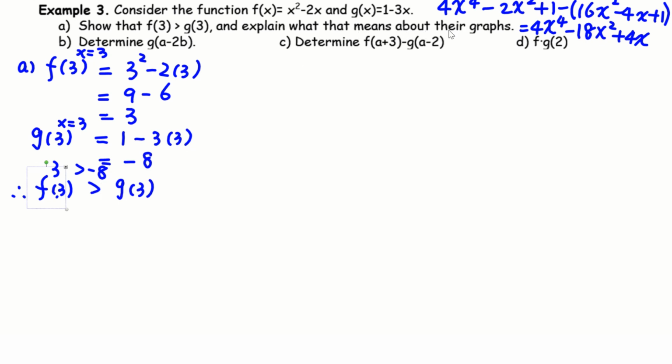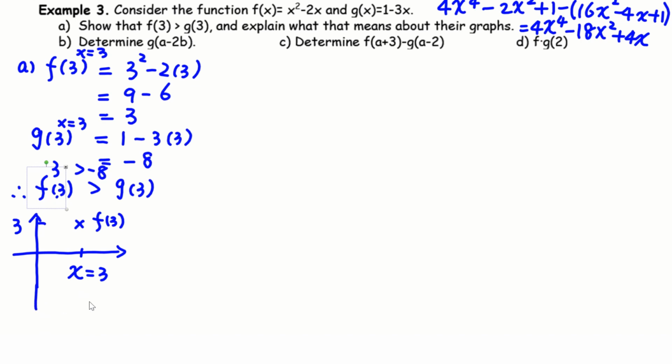Explain what this means about their graphs. So it means on the graph, the x value is 3, and one of the points, f at 3, is here, is 3, and another, g at 3, is negative 8.